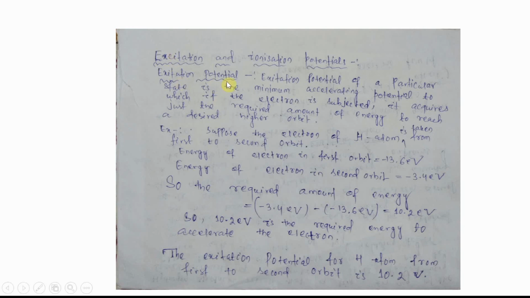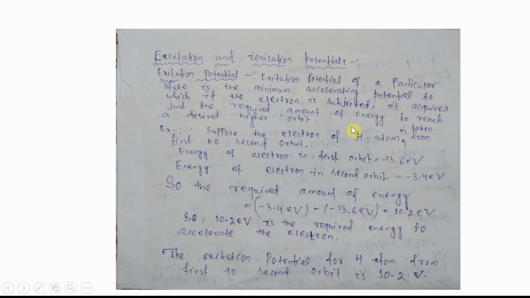Excitation potential is the minimum accelerating potential to which, if the electron is subjected, it acquires just the required amount of energy to reach a desired higher orbit. That means when an electron is in the lower orbit, to move to the higher orbit it has to gain some energy, and we know the electrostatic energy is associated with the electric potential.